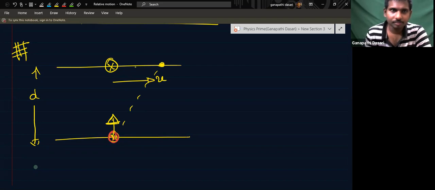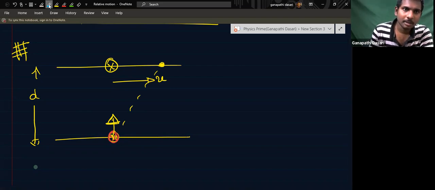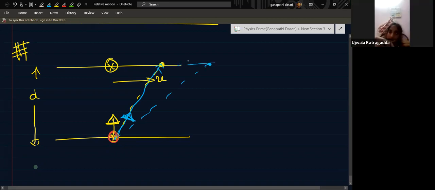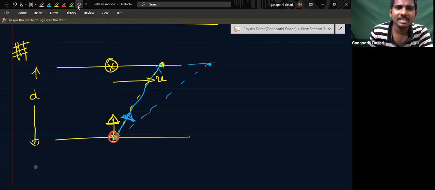Suppose the man wants to go to this side and he directed the boat like this, giving his velocity with respect to river. But where will he go? He will go somewhere else, or not? These conditions we will study here.